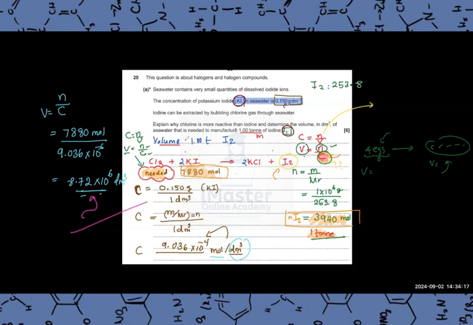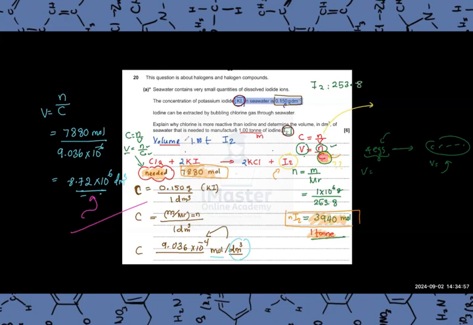And then to find the end volume, it's volume equals moles over concentration. So we have the moles for Ki, but we need the concentration. So the question says that it's 150 grams per dm cubed. So you just find the moles, since concentration is moles over volume, and you can do that using mass over molar mass of Ki.